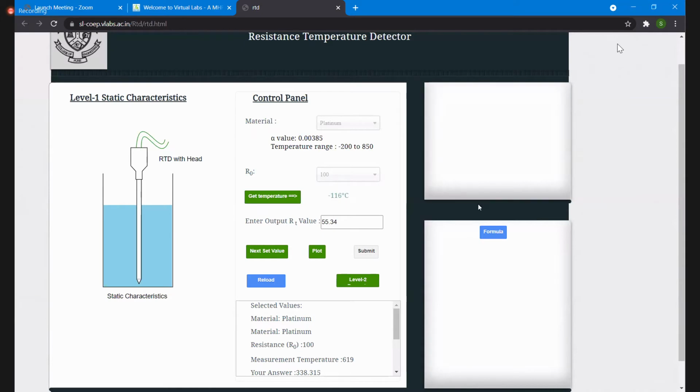Roll number 1, again you have to click on get temperature. Calculate for this, then submit, then you can plot. Okay. Right. Stop sharing.